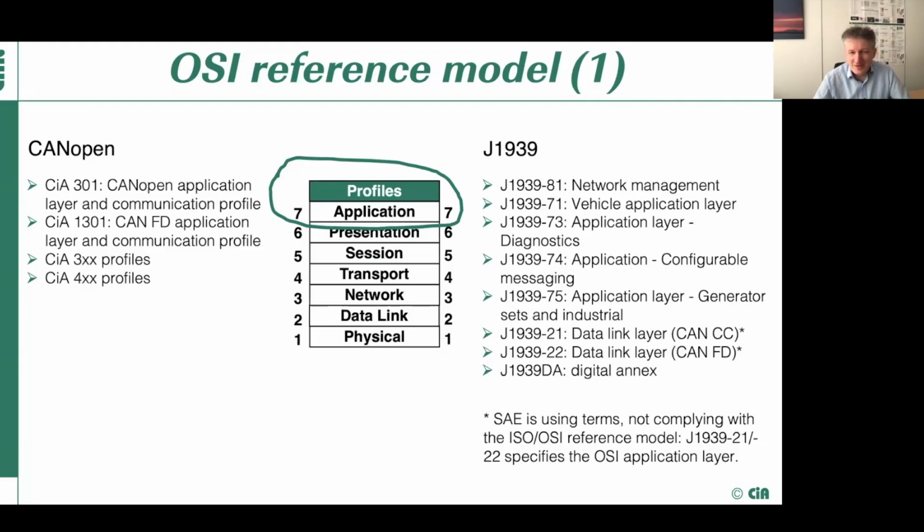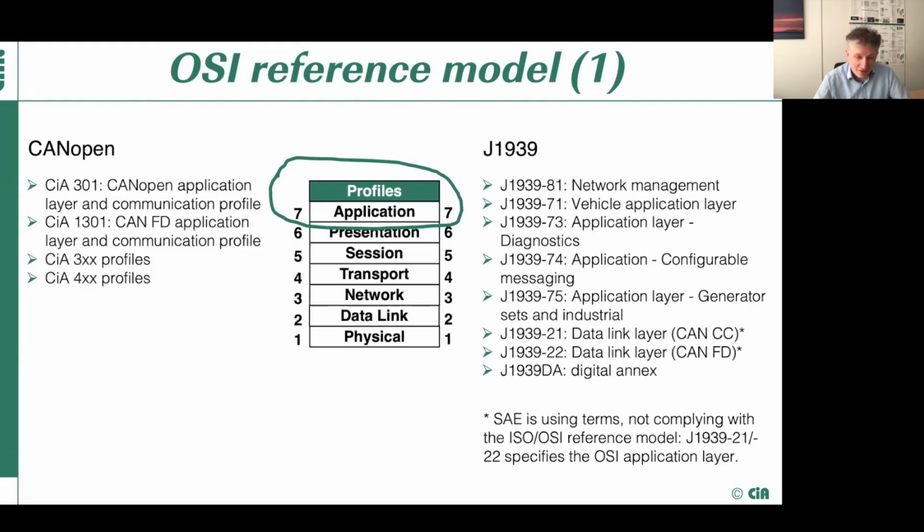At this point, it is wise to mention, as it is marked in this slide, there are several CAN technologies now available. The classic CAN called CAN-CC, and the next one, CAN-FD.